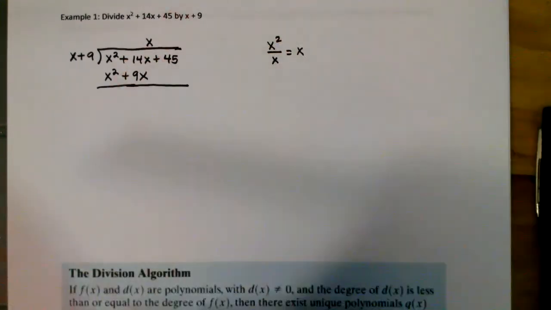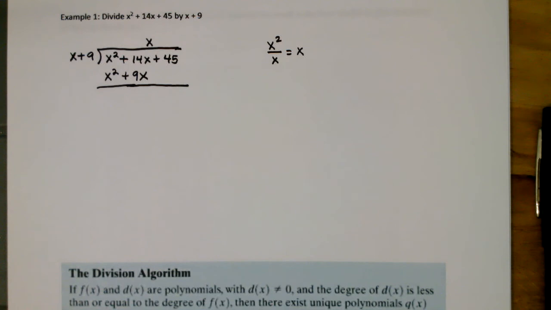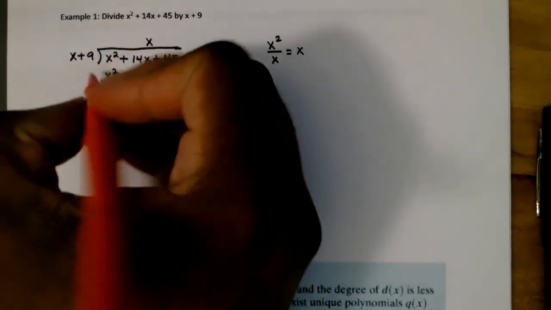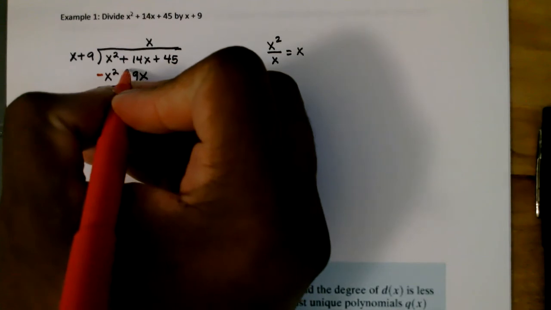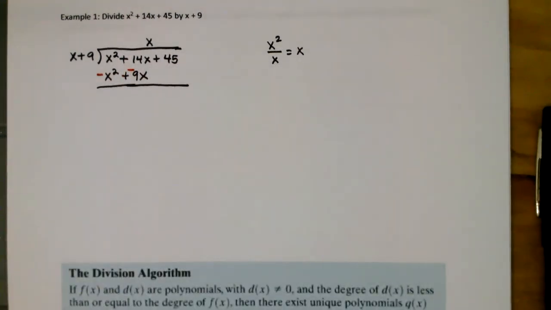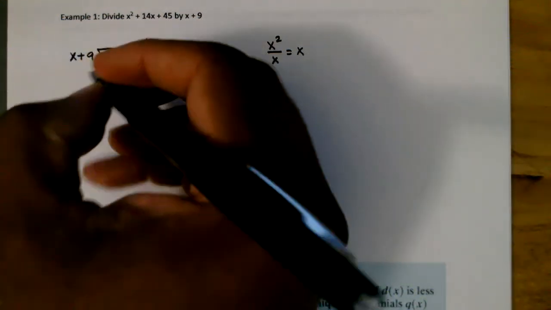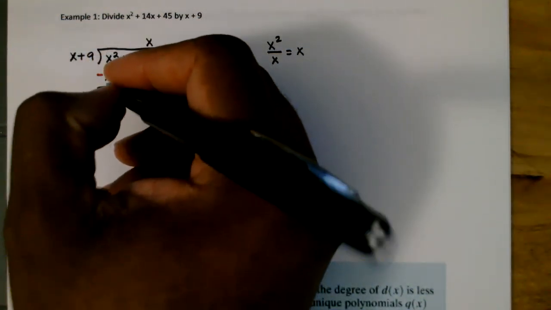And then we're going to subtract the product from the dividend. Now, the way I'm going to subtract is to change the sign of each and every term to the opposite. So x squared becomes negative and 9x becomes negative as well. And then combine like terms here. The x squared minus x squared, that's gone.